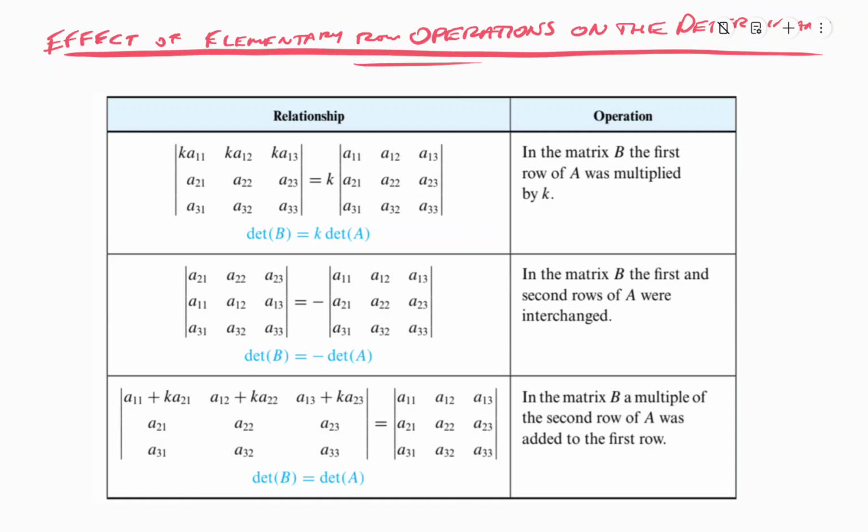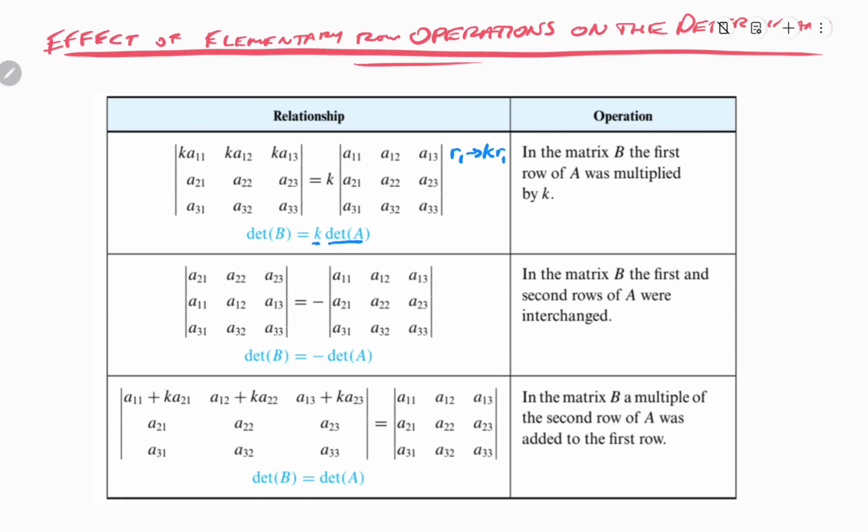If we multiply an entire row by a constant, the determinant is also multiplied by that constant. So in this one with the original, we had row 1 goes to k times row 1. So now the determinant is k times the determinant of the original.